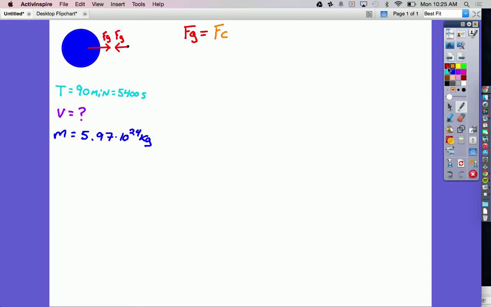The equation for force of gravity is big G, mass of the Earth, times the mass of the satellite, all divided by that orbital radius squared. And for centripetal force, I'm going to use the larger equation, which is the m 4 pi squared r over t squared version.